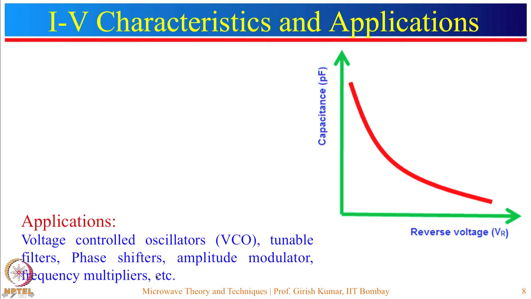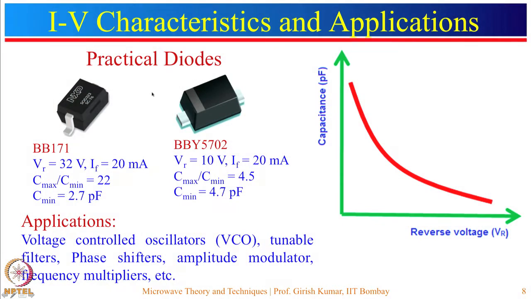Now, again, similar to the PN junction diode, one should choose the diodes depending upon the applications. So, here I have taken two examples of practical diodes. One is BBY5702. The specifications for this diode are given here. The quality factor of this diode is very high, so it is more suitable for the selective filter. And for the other example I have taken, the tunability range is relatively more.